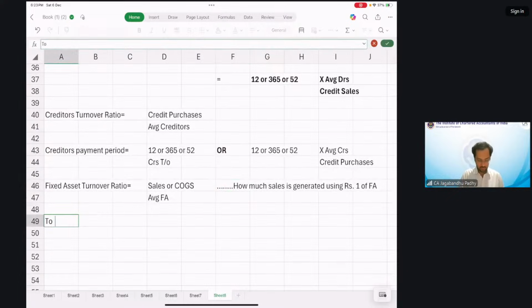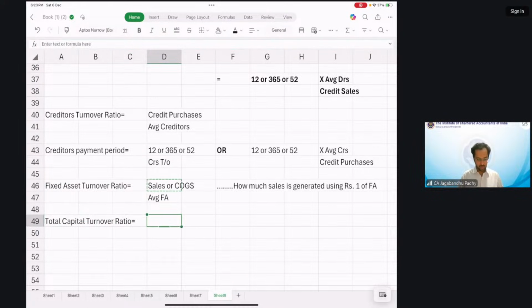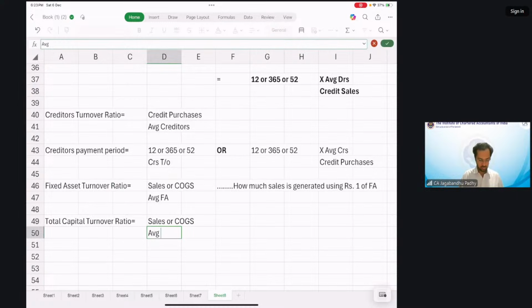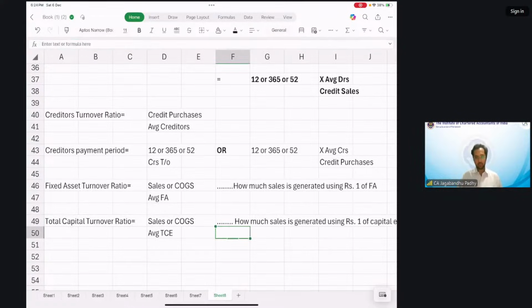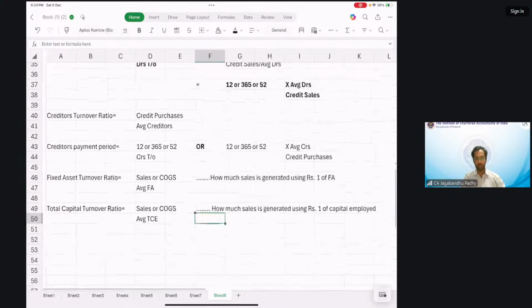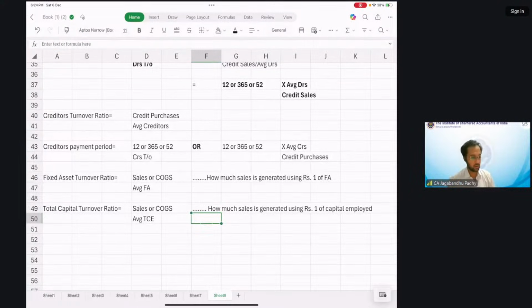Same way, you may have the total capital turnover ratio. Total capital turnover ratio is sales or COGS upon average total capital employed. This is going to tell you how much sales is generated using ₹1 of capital employed. That's your total capital turnover ratio.